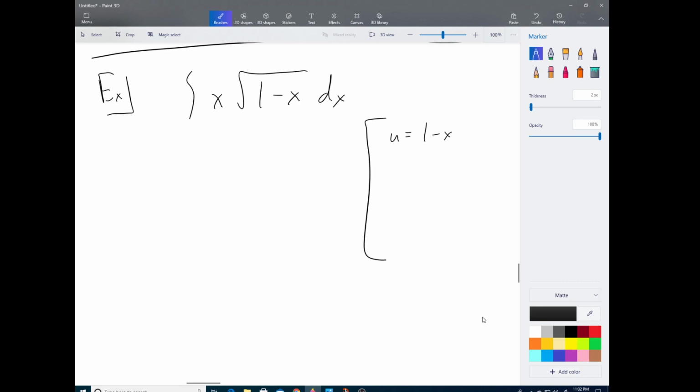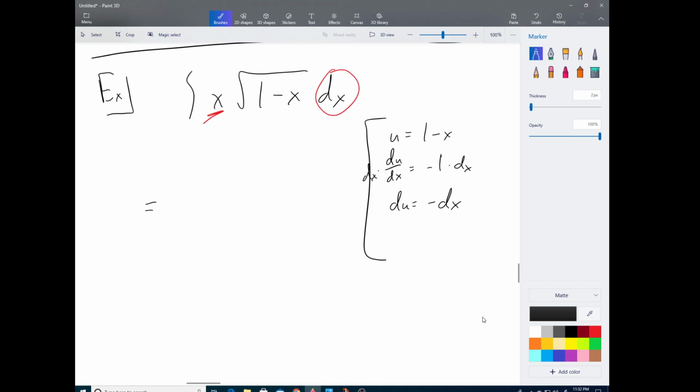And square root is just a special form of a parenthesis that does something special. So I go through my process. My du dx is going to be equal to -1, multiply both sides by dx. I get du is equal to -dx. And I've got that, and I can put the negative in. That's no problem. But the problem is I'm still going to be left with an x.